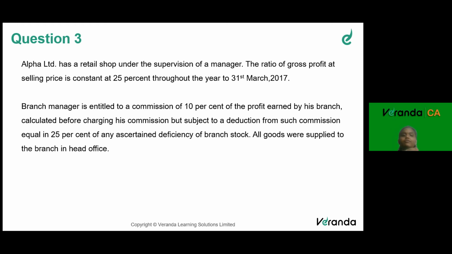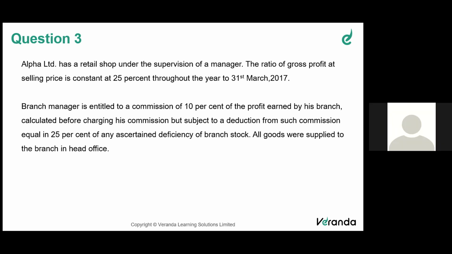Before putting his commission in the account, calculate the net profit. On that net profit, it is a defined percentage, 10%. Once you get the amount, now you put his commission amount inside the P&L account. You get the logic of charging his commission before including it in the account?